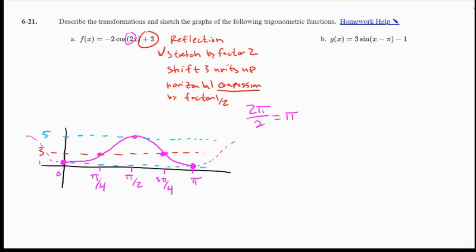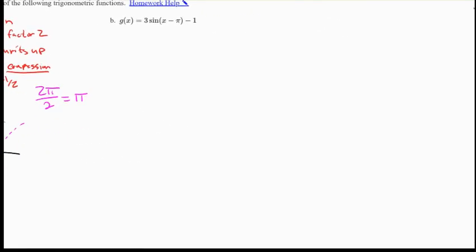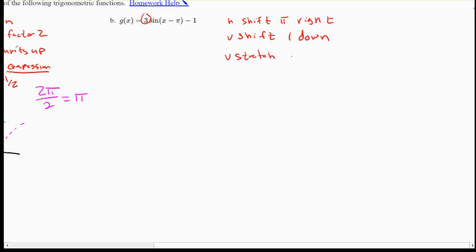Second one here, if we talk about the transformations, I'm going to scoot this over. So looks like I have a horizontal shift pi units to the right because it's subtraction. I have a vertical shift 1 unit down. And then I have an a value here, or a vertical stretch, by a factor of 3.